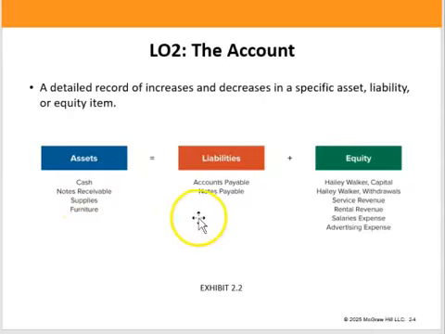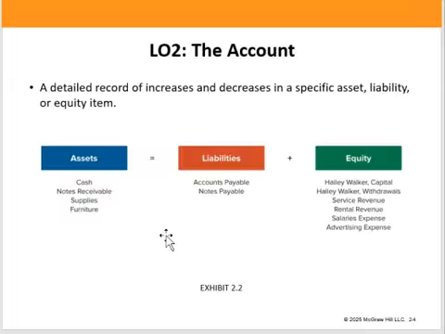Okay, so the account. In an account, you have a detailed record of increases and decreases in the specific asset, liability, or equity items, okay? So as you saw at the end of chapter 1, where we posted into the columns of assets, liabilities, and equity, after each transaction happened, it's still balanced.